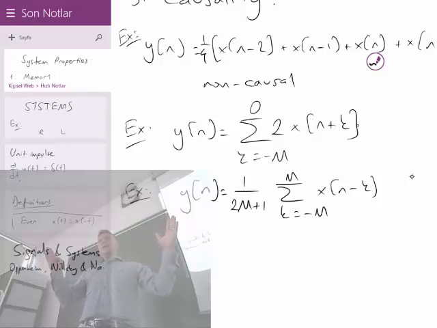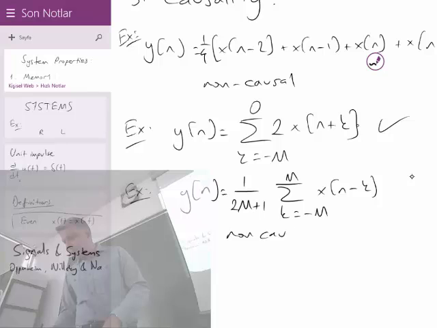For each n, if n is increased, the sliding window also increases. It shifts towards the right together with the input. But this one requires a future sample, or in fact M future samples. Therefore, it's not causal. So this is causal, this is non-causal.